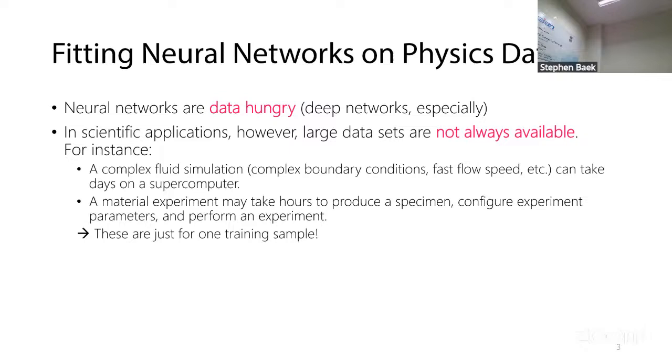Or let's say you're a material scientist interested in some materials, and then again, an experiment can take forever, right? Just setting up an experiment can take a day or two, and then you run an experiment, you change the setting, and so on.